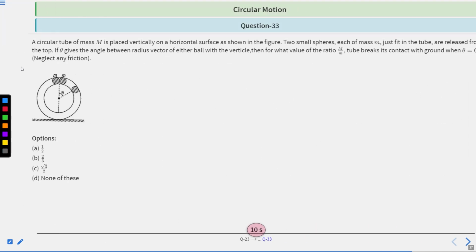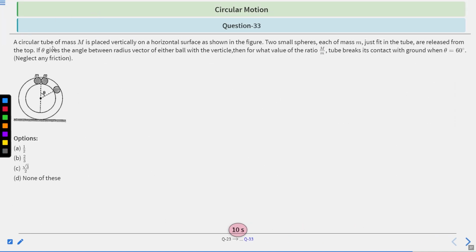Next question. A circular tube of mass M is placed vertically on a horizontal surface as shown in this figure. Two small spheres, each of mass m, just fit in the tube and are released from the top.